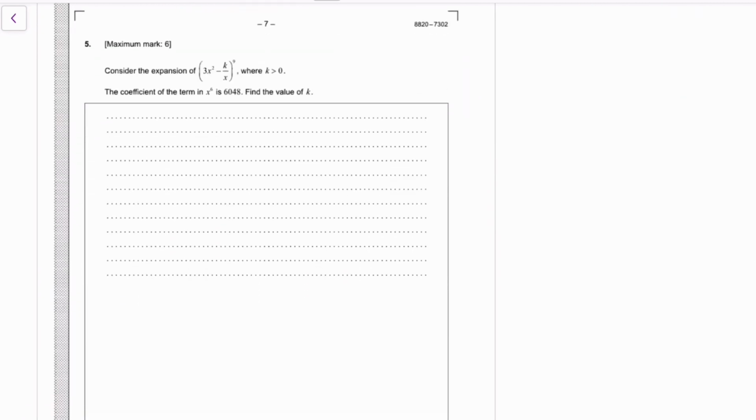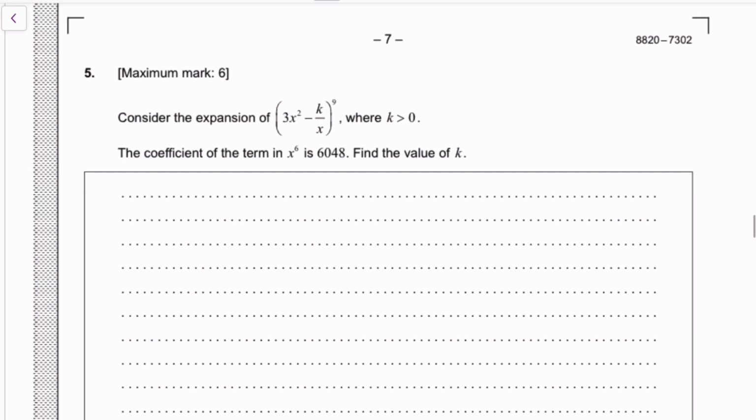Next, a binomial expansion question. Usually I would do the general term. Now the general term is actually in the formula booklet.